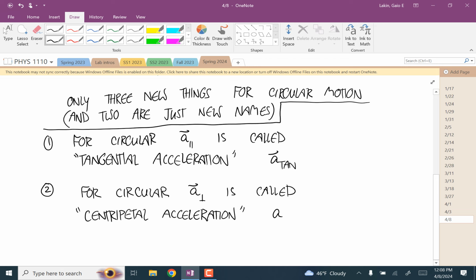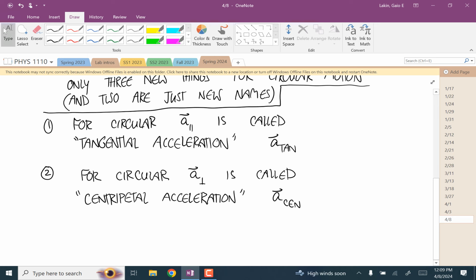And I'll call that A sub cen. If it was my choice, I would have called everything tangential acceleration and maybe everything centripetal acceleration, no matter what kind of motion it is. But people only use these terms for circular motion, so I kind of have to do what everyone does. But the idea is exactly the same as the parallel part and the perpendicular part of the acceleration.